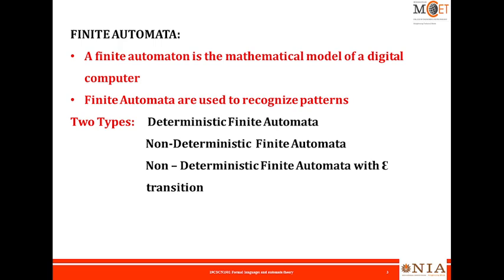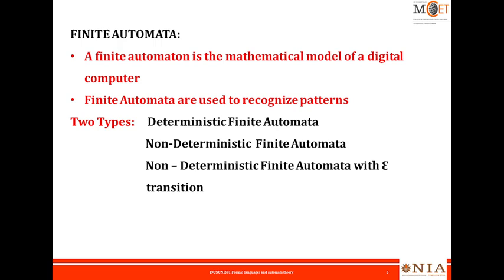Non-deterministic finite automata also have a finite set of states and a finite set of input symbols, but the difference between the deterministic finite automata and non-deterministic finite automata is that more than one transition is possible for the same input symbol in the non-deterministic finite automata, simply called an NFA.